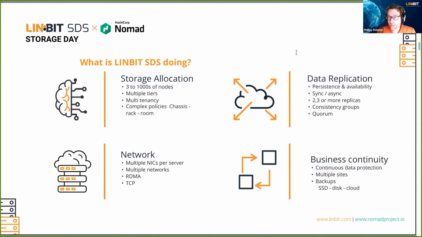Basically, it replicates data to keep it available in case something fails, in case you have a node failure, in case a storage device fails. Usually you would do two-way replication, maybe three-way replication. It also supports 4, 5, 6, up to 30, but nobody needs 30.